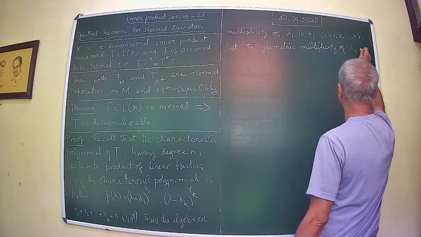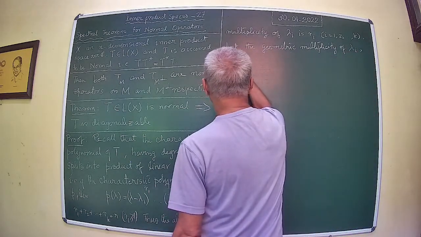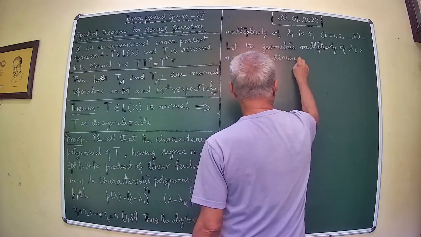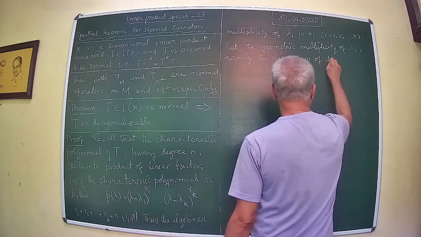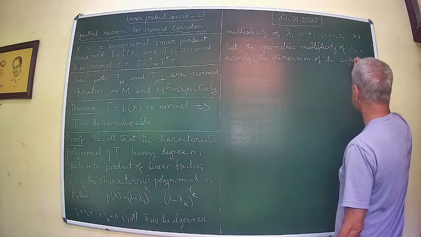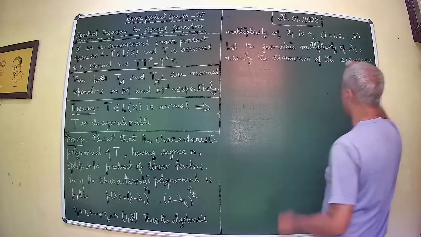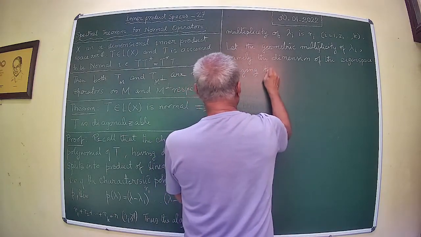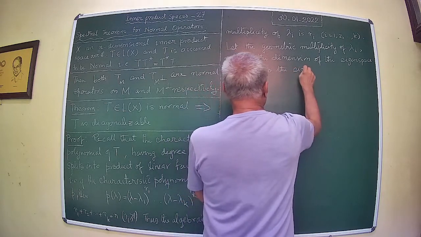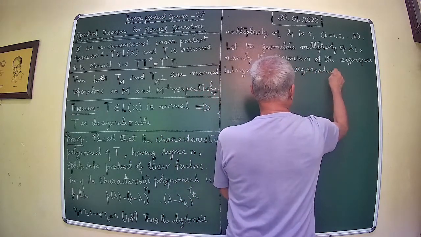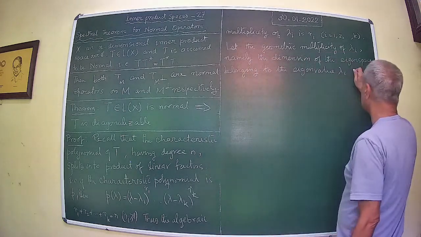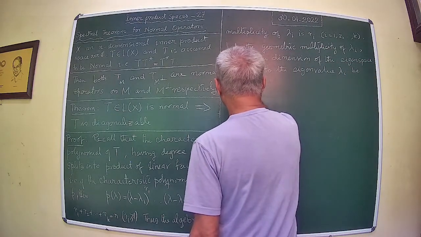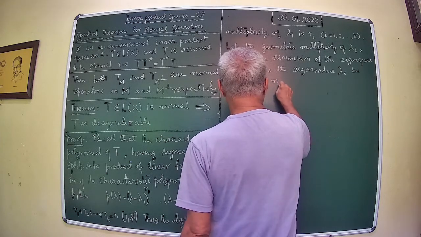Namely, the dimension of the eigenspace belonging to lambda i is denoted by Mi.